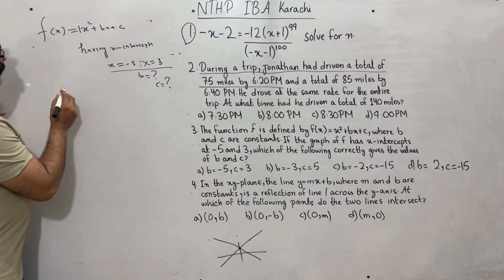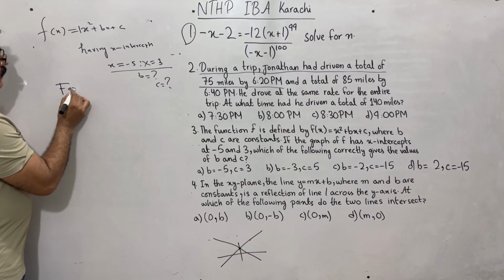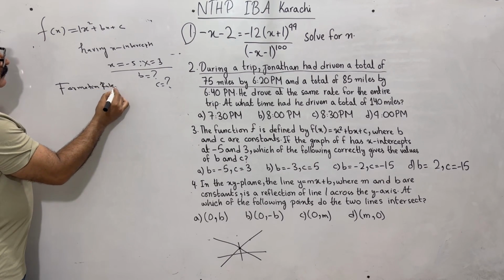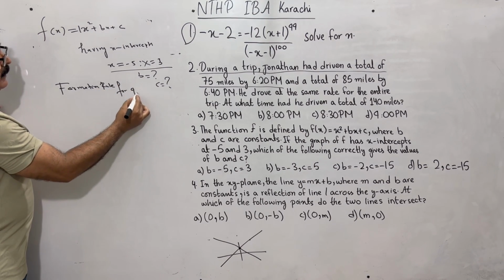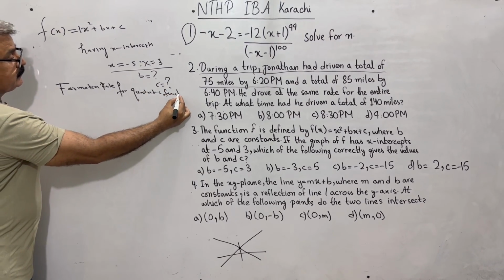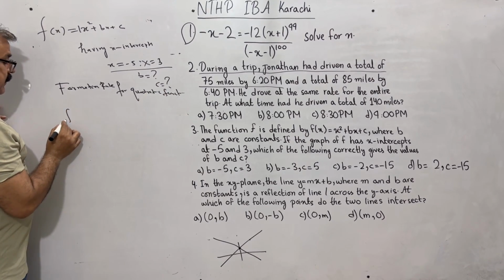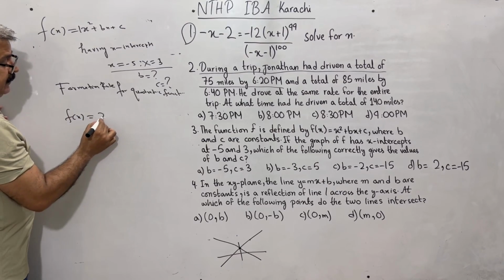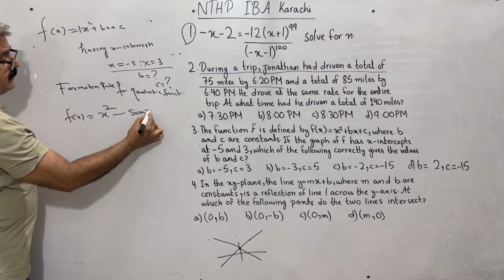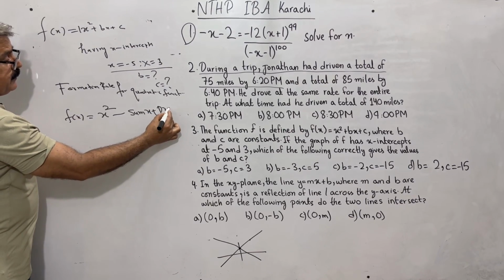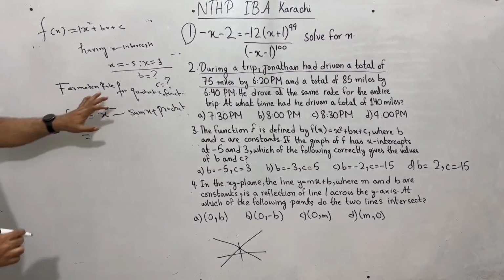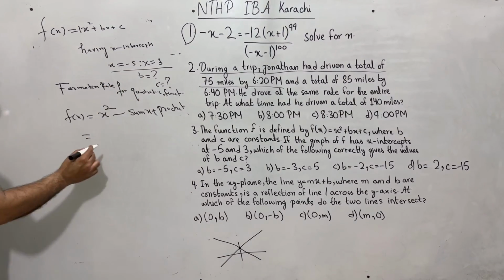That is the formation rule for a quadratic function: f of x is equal to x square minus (sum of roots) x plus product. In that case, find the sum of the roots.